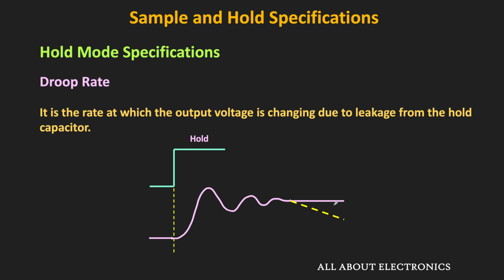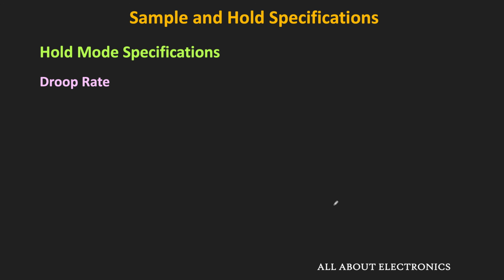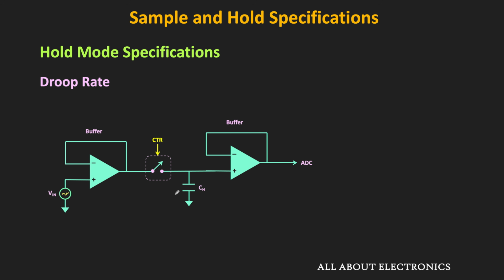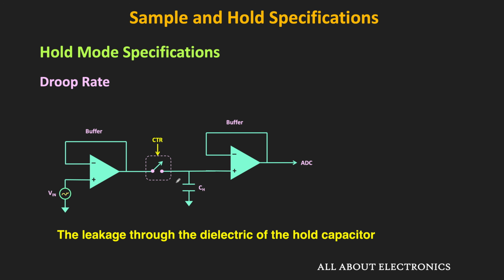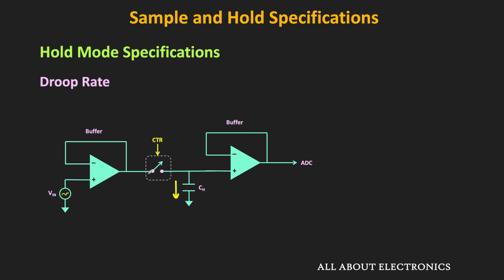This leakage current through the hold capacitor consists of three parts. The first is the leakage through this hold capacitor. The second reason for this leakage current is the leakage through this analog switch. And the third reason is the input bias current of this output amplifier. It is quite possible that the polarity of these currents may not be the same.